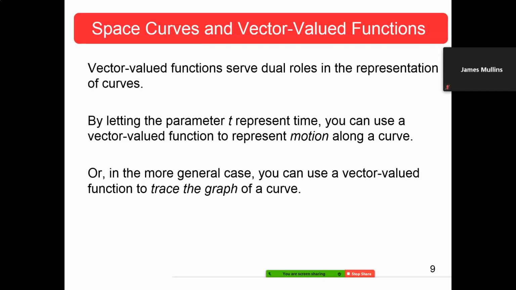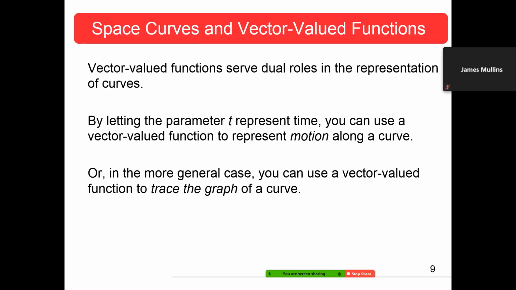Vector valued functions serve dual roles in the representation of curves. By letting the parameter t represent time, you can use vector valued functions to represent motion along a curve. Or, in the more general case, you can use a vector valued function to trace the graph of a curve.